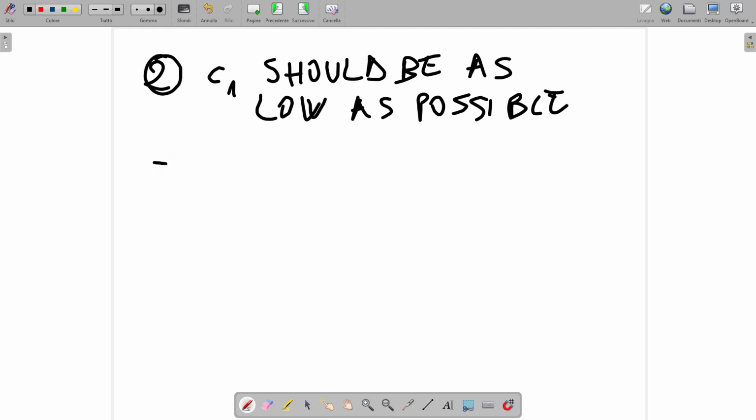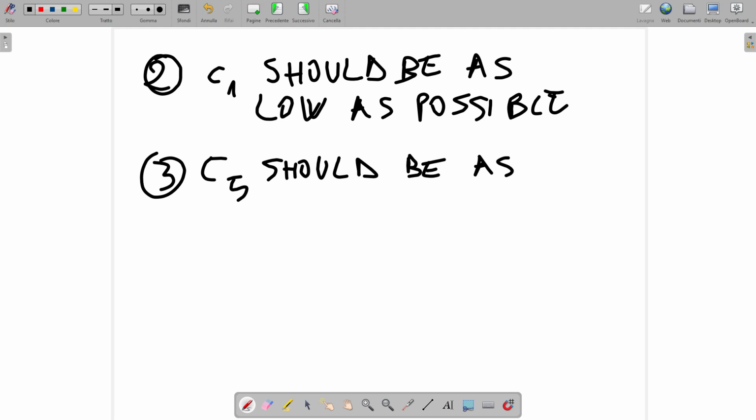And of course, C5 should be as high as possible. For instance, I will write a series of numbers for the concentrations that is wrong.